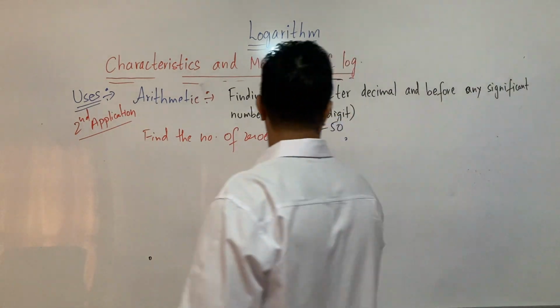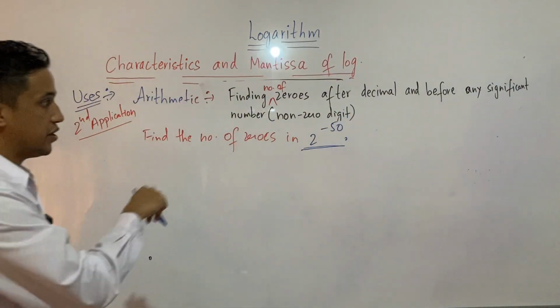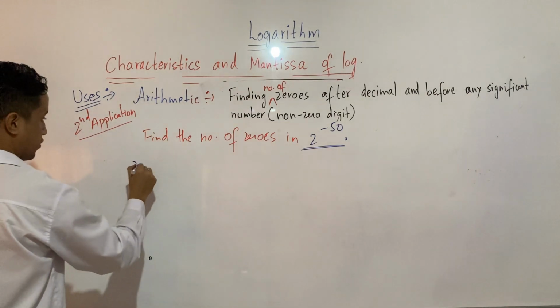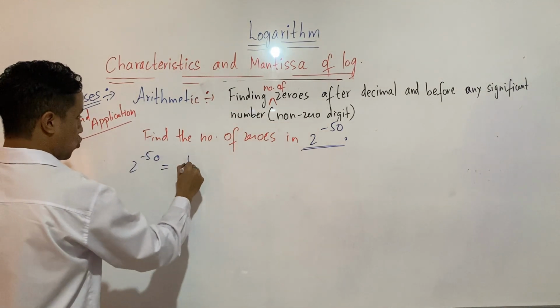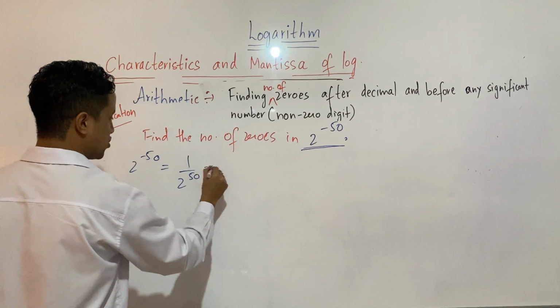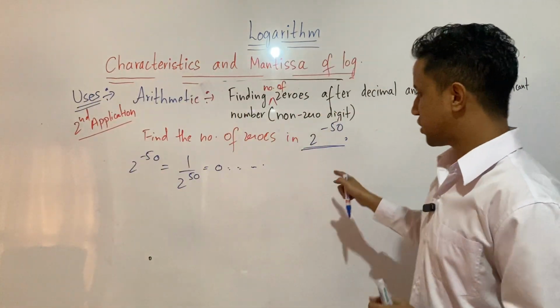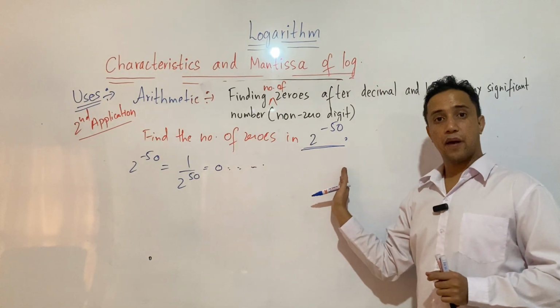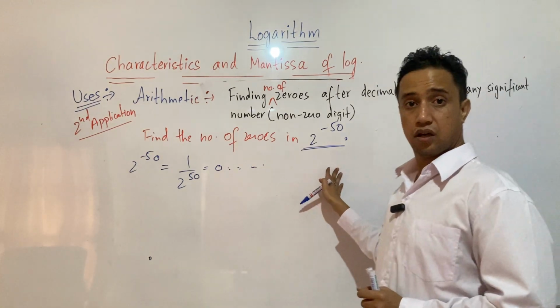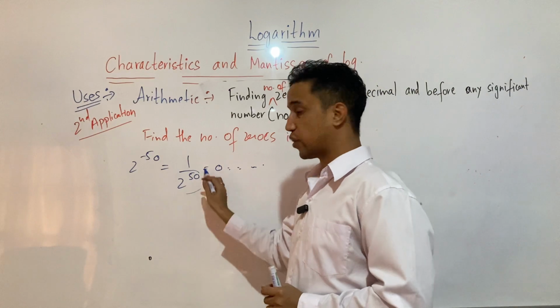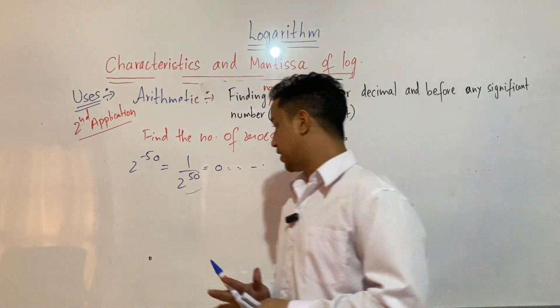Yes. Okay, so you have to find that. Now see here, 2 raised to power minus 50 is equal to 1 by 2 raised to power 50. So you can see there are going to be lots of zeros after the decimal and before the first significant figure, because this is going to be a huge quantity.